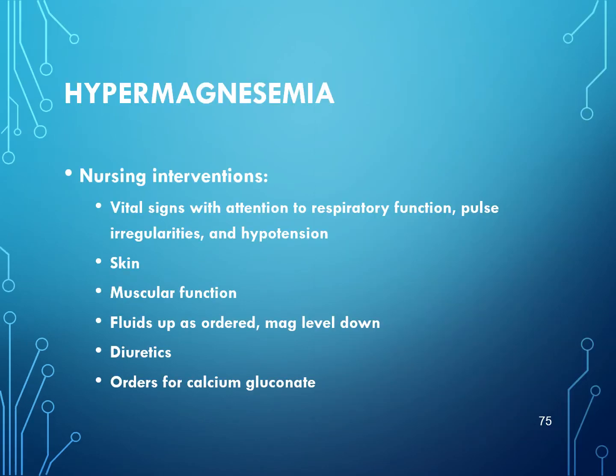So what are our interventions for hypermagnesemia? Remember, we want to make sure that they're on an EKG. We need to monitor that heart and see how they're functioning there. We're going to monitor vital signs with attention to respiratory function. If we notice depressed respiratory function, we want to call the MD because the client may actually need to be placed on a ventilator.